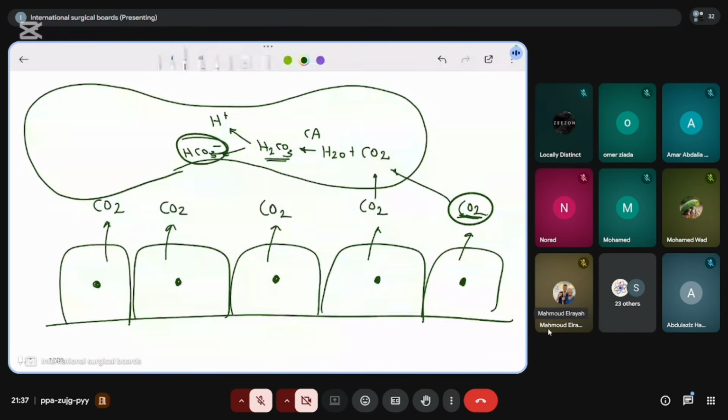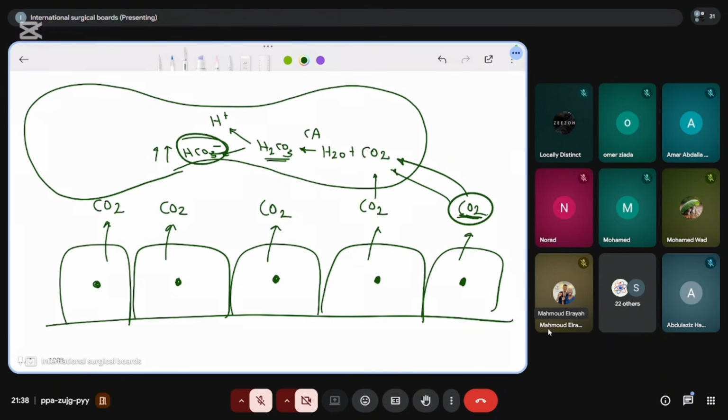So essentially bicarbonate is carbon dioxide now. Now we have transformed carbon dioxide into bicarbonate. Now this process keeps going on. More carbon dioxide enters and more bicarbonate is produced, more and more, until the concentration becomes very high.